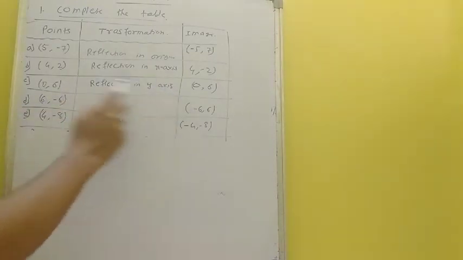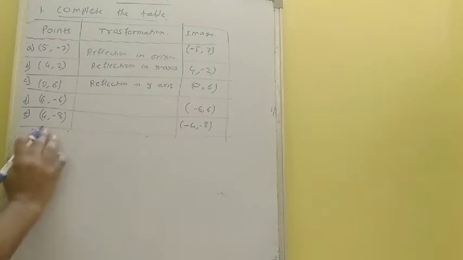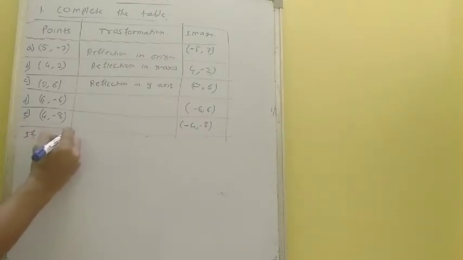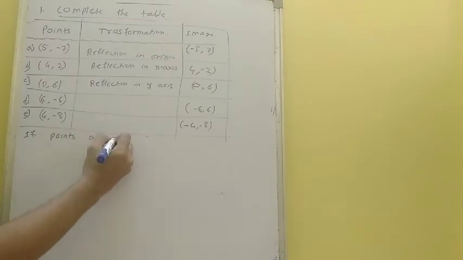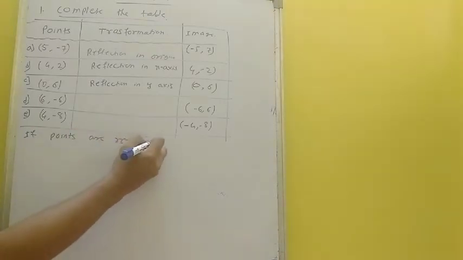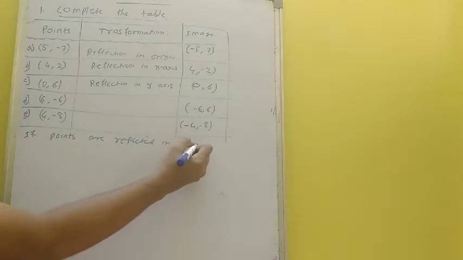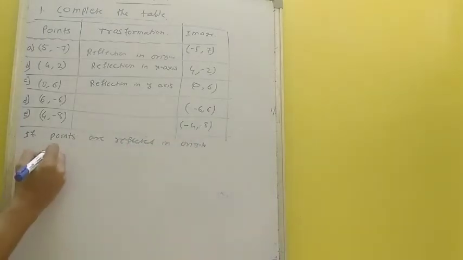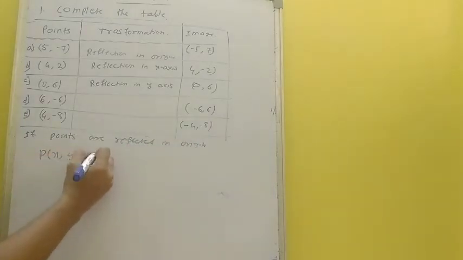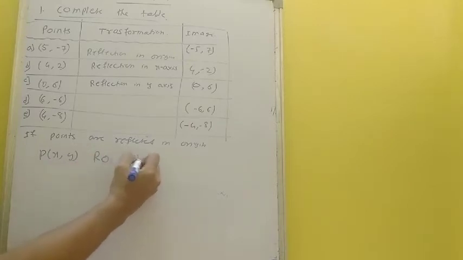6 has become -6 and -6 has become 6. So both the signs are changed. So I will just quote an example: if points are reflected in origin, suppose we have point x, y and it is reflected in origin, so P complement will be -x, -y.